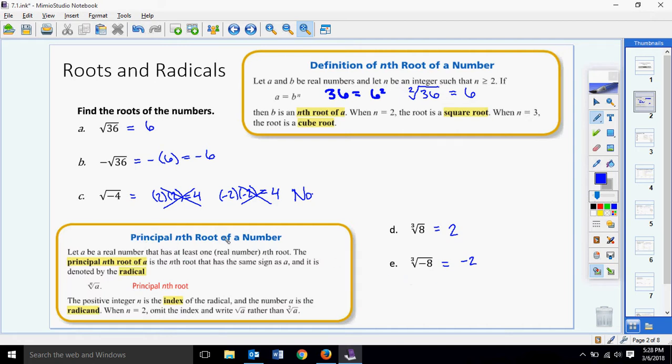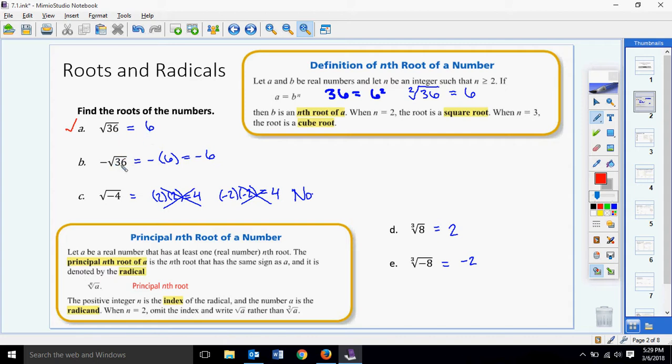Now, principal nth root. We don't pay a whole lot of mind to principal nth root, but I just want to mention that principal nth root means that it has the same sign. So let's go through and determine A, B, C, D, or E, or multiple answers, which one has a principal nth root. If you look at the number inside your radical and the answer, if they have the same sign, whether they're both positive or both negative, it has a principal nth root. So the square root of 36 has a principal nth root.